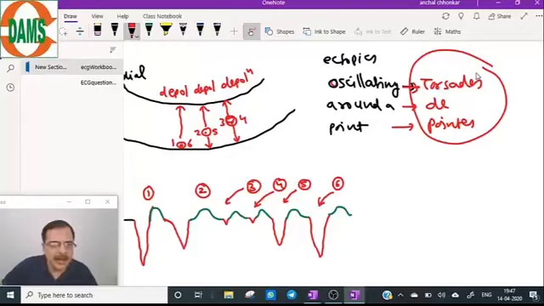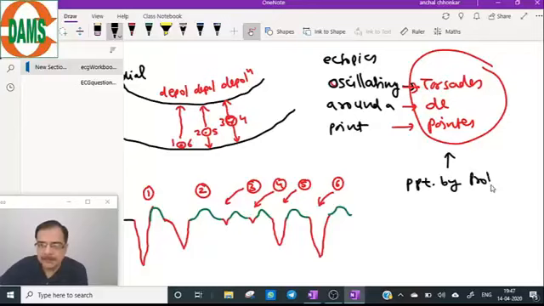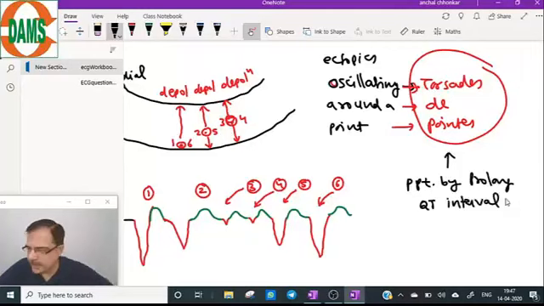This is responsible for the polymorphic ventricle tachyarrhythmias. And this torsades de pointes is usually precipitated by prolonged QT interval. Yes, twisting around a point, so this is known as torsades de pointes.